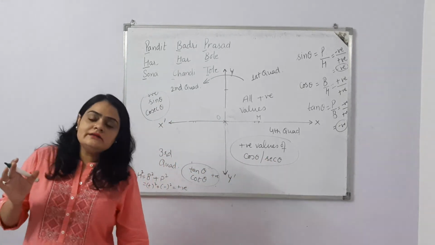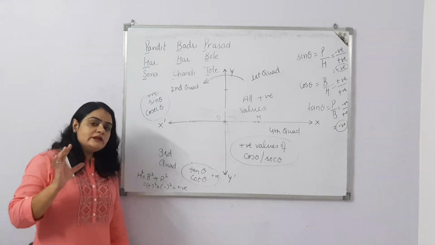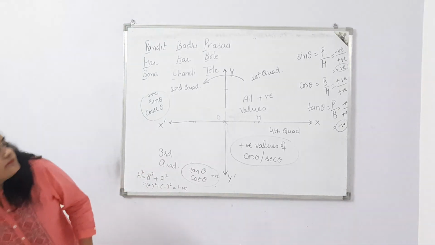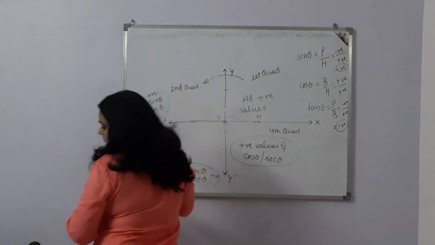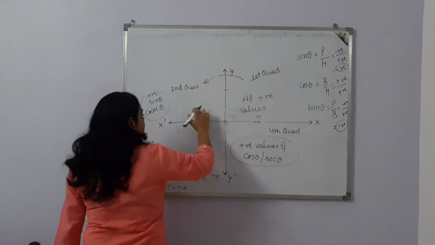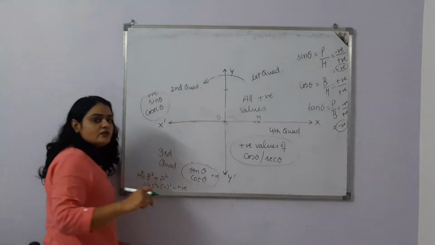Now it's quite difficult to learn, but with a rhyme it's quite easy to learn. What is the rhyme then? The another rhyme to learn the quadrants and the placement of all the trigonometric ratios in quadrants.